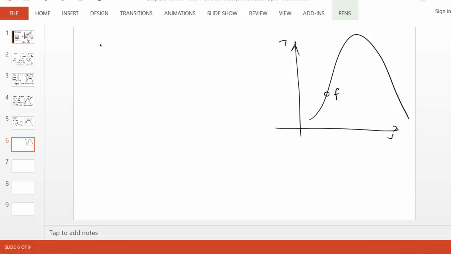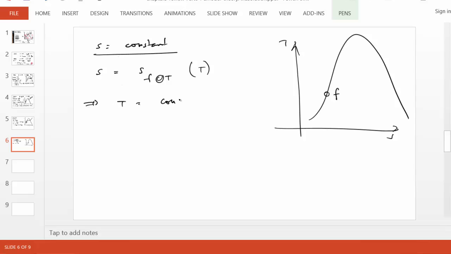So if entropy remains constant, and we know for a liquid entropy is the same as finding the F state at T, then entropy is a function of temperature alone. So if entropy is constant, T must be constant for a liquid.